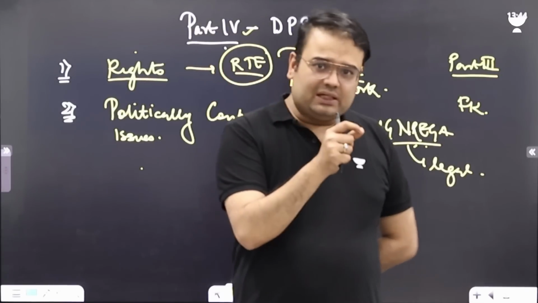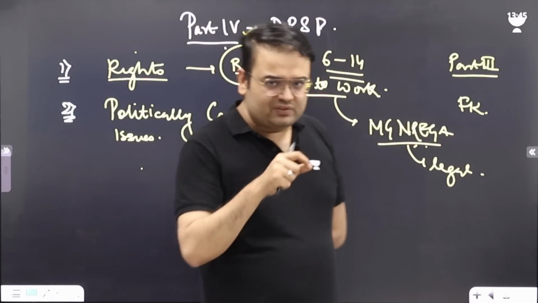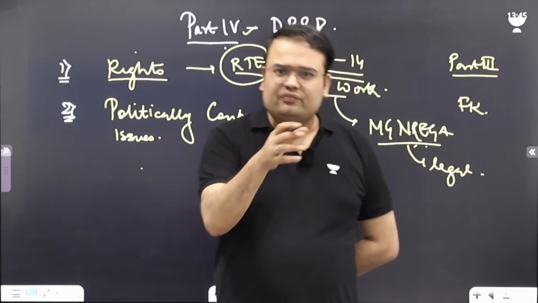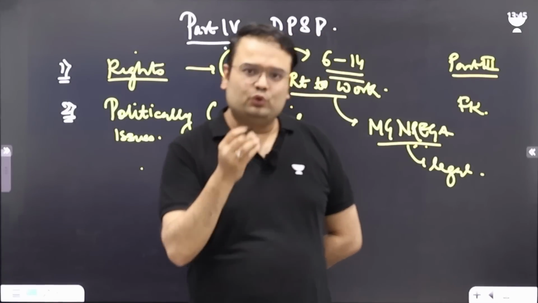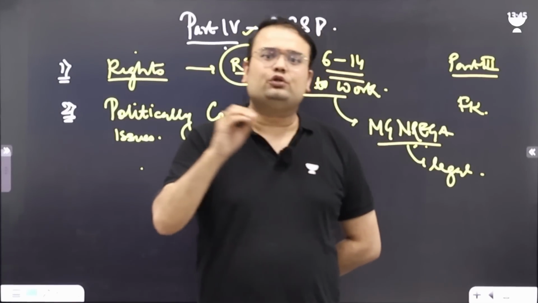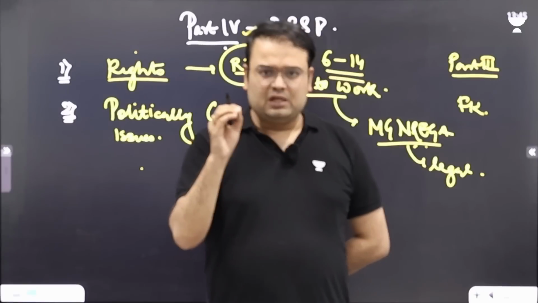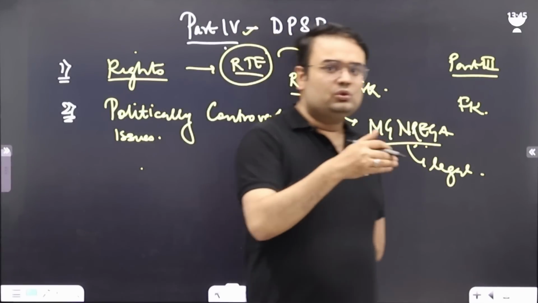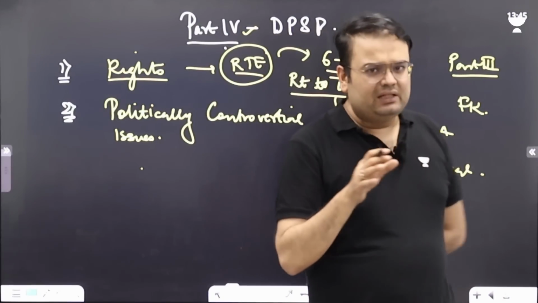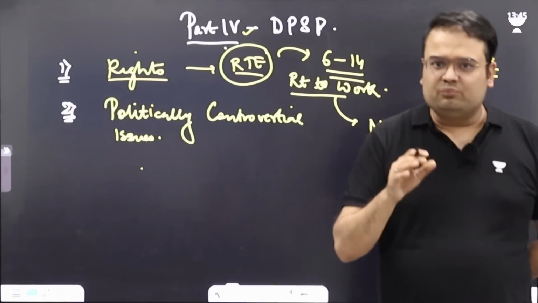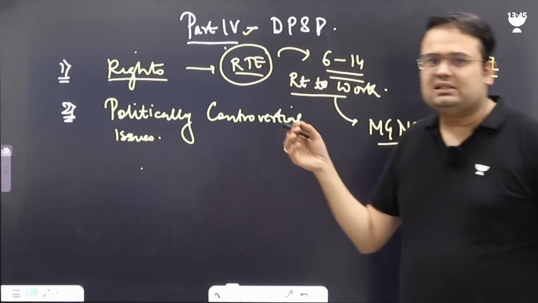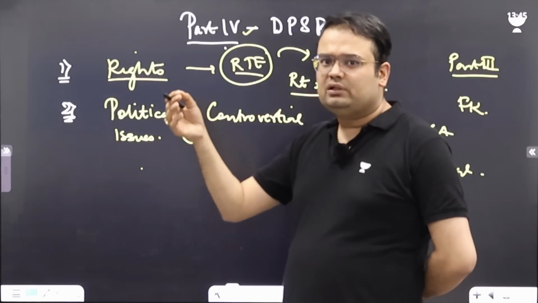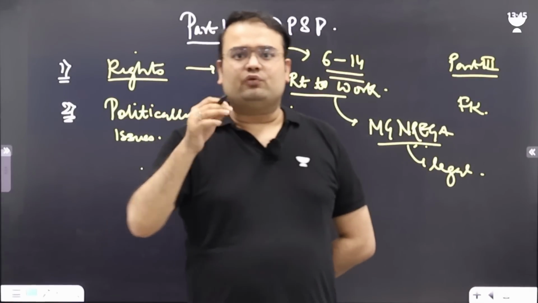Something that we need to understand is that at the time when the Constituent Assembly was discussing, there was a kind of consensus that indeed we need to have both a uniform criminal code as well as a uniform civil code. But due to this insecurity, it was decided perhaps the time has not come that we are able to make it a justiciable part of the constitution. But at the same time, we need to work towards what?